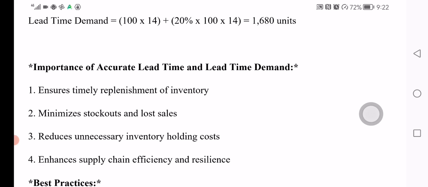If customer demand abruptly increases, and you have accurately and precisely calculated the lead time, then you will know the lead time demand, and you can easily respond to customer demand.